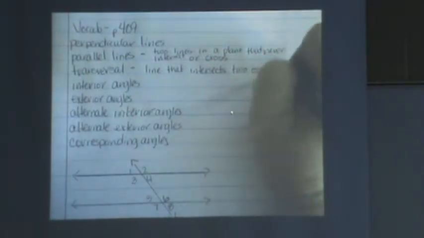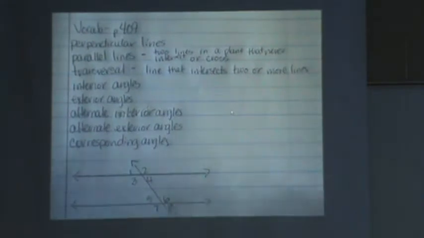A transversal is a line that intersects two or more lines.